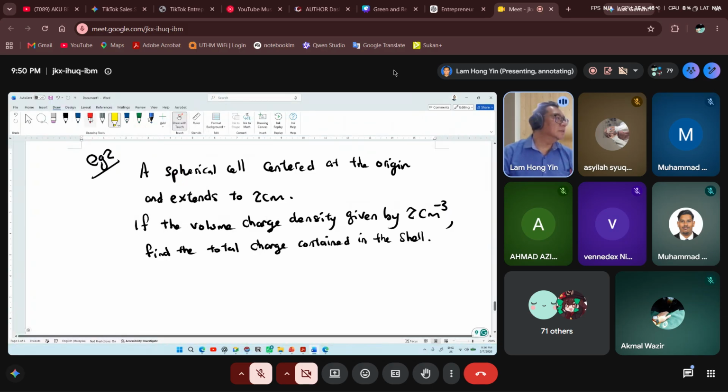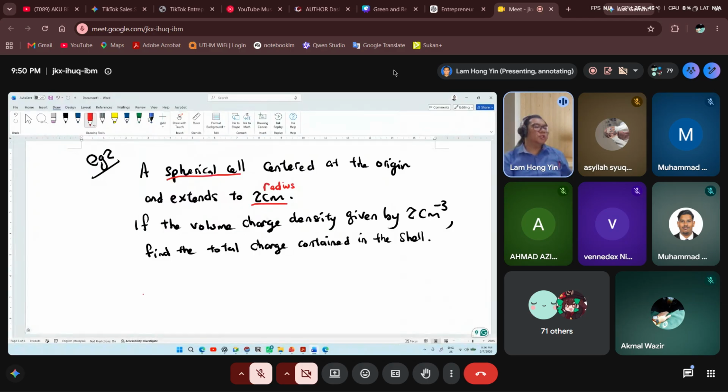Right? This is the spherical shell, and it's actually located at the center of the origin, extended to 2 centimeters. So this one gives you the radius.